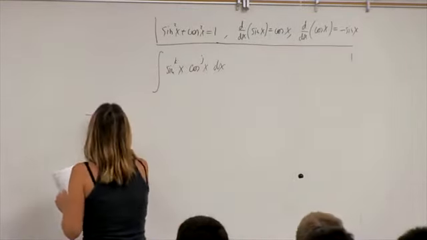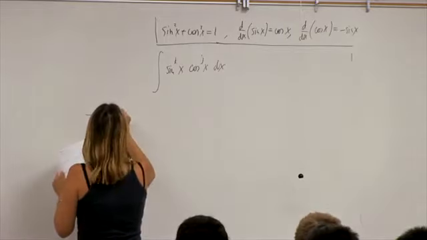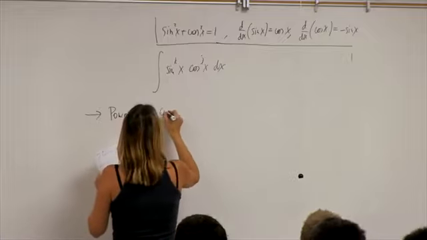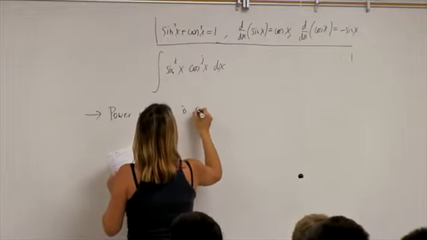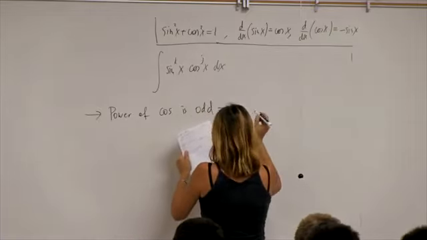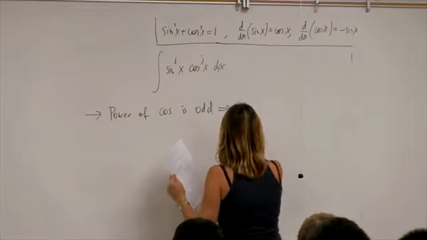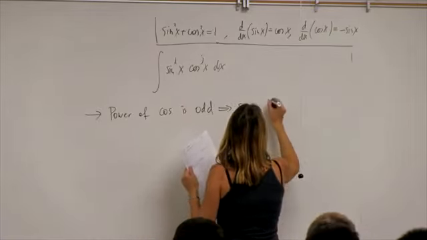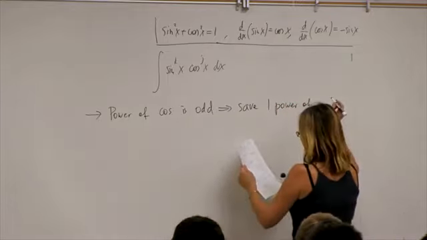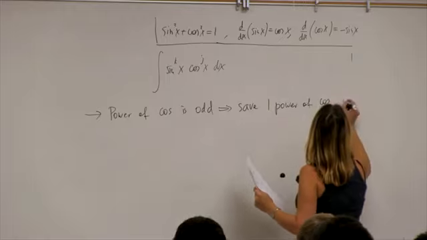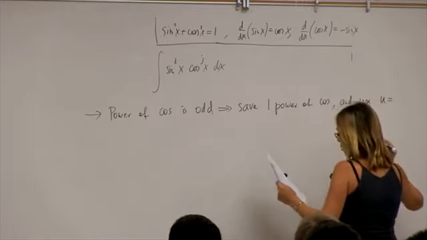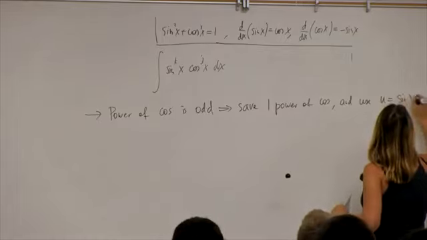So number 1, if the power of cosine is odd, we save 1 power of cosine and use the substitution u equals sine x.